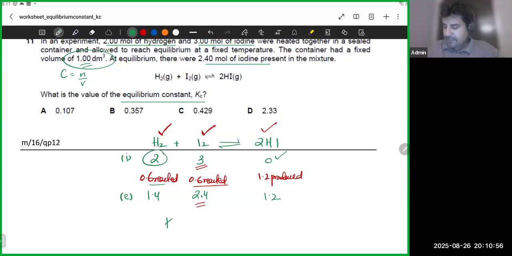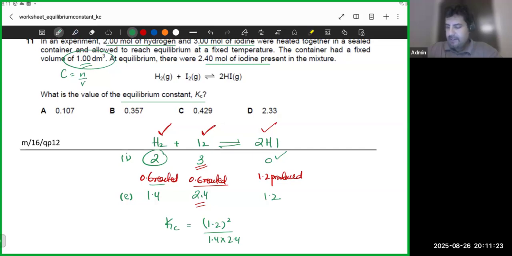And your Kc expression would be HI concentration, that's going to be 1.2 squared, divided by the concentration of H2, which is 1.4, times 2.4. So what do we get? Calculator, okay, what's the answer to that? That's 1.2 squared, so very quickly, it's 1.2 times 1.2.